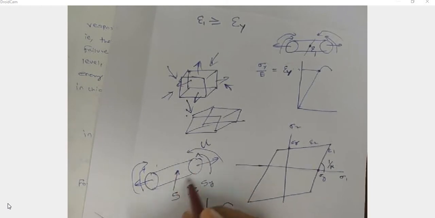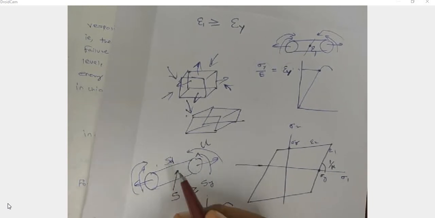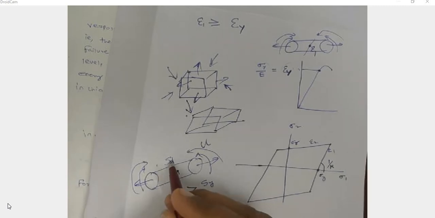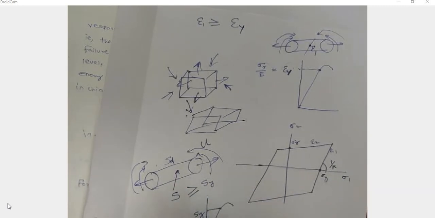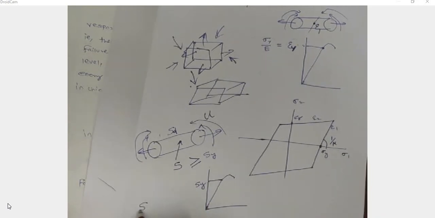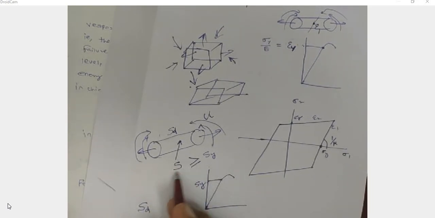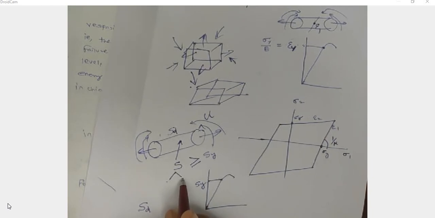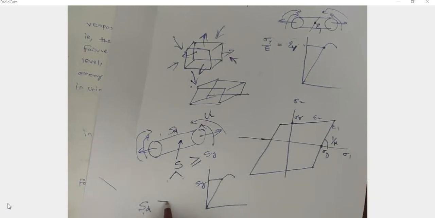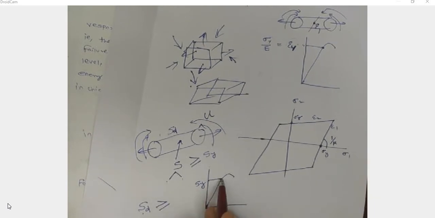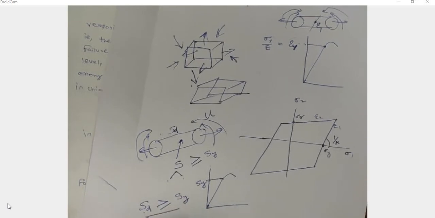When a body is subjected to a complex loading condition, it has a distortion strain energy component stored in the body. In the previous theory it was the total S, but here it is divided into volumetric and distortion components. If this distortion component is greater than or equal to the strain energy corresponding to the yield point, then there will be failure.